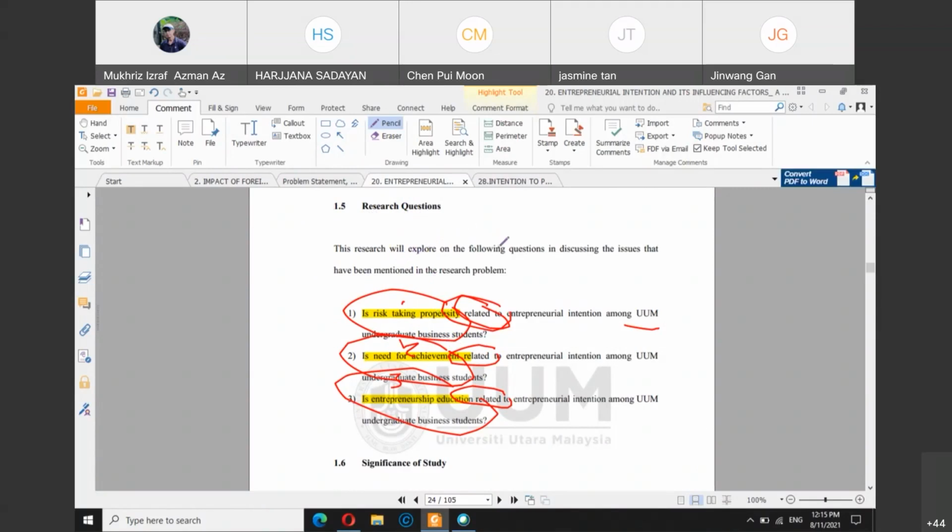The main issue will be maybe about promoting entrepreneurial activity as a way to reduce graduate unemployment, for example. But you cannot mention all these factors in the problem statement. There is not enough space, and that's why the problem statement is very short, 300 words, 400 words, 500 words maximum.